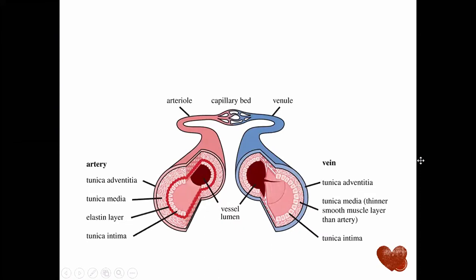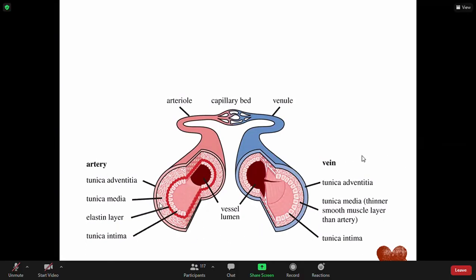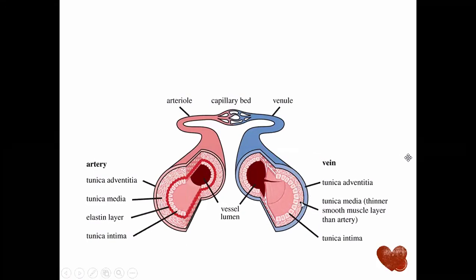In another view, you will see here, comparing your artery with your vein, you have here the tunica adventitia, there you are, here in your vein. This is your tunica media, as compared to your tunica media in your artery. This is thicker, and this is thinner in your vein.